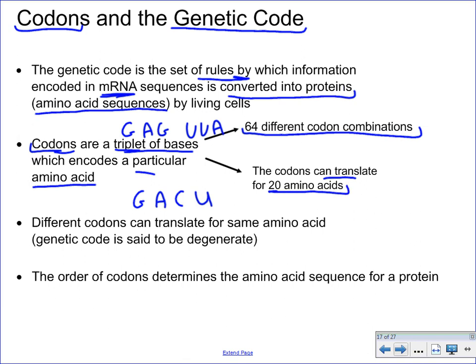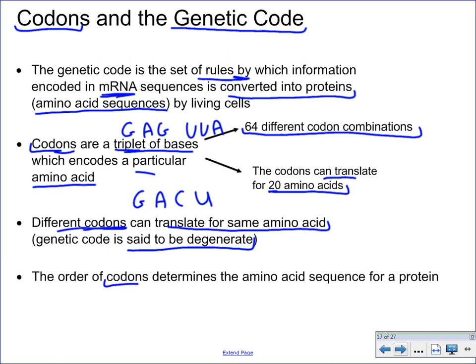So there are more codon combinations than there are amino acids possible. This means that different codons can translate for the same amino acid. In this regard, the genetic code is said to be degenerate, or there are redundancies in those codons. This allows for errors to occur in the mRNA sequence, but not necessarily affect the amino acids that get incorporated.